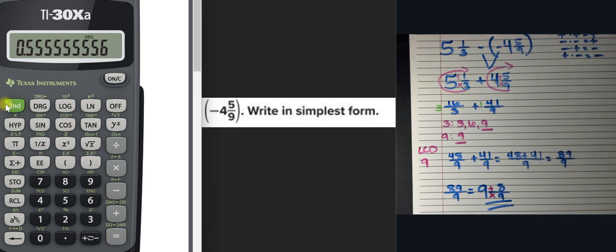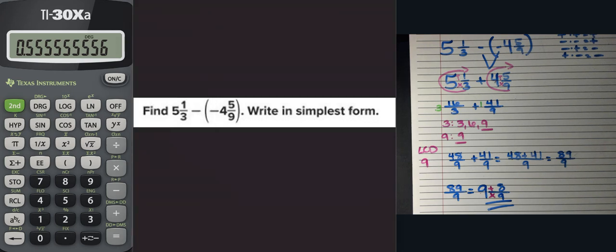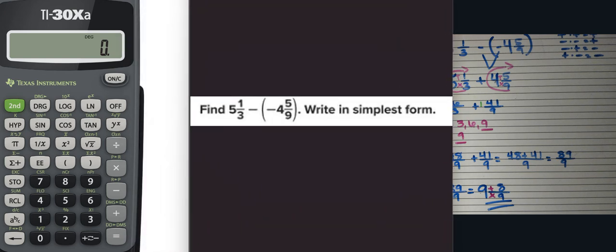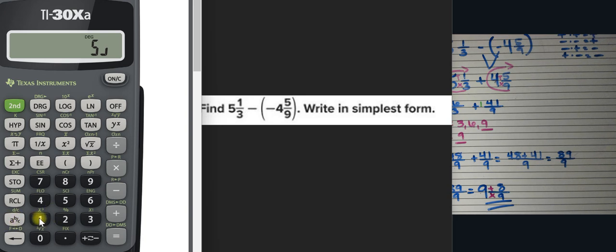Now let me show you how you would type that into your calculator. So you could plug in, remember your ABC keys. I'm going to slide this over just a little bit. All right, so you can plug in 5, ABC 1, ABC 3. So we have 5 and 1/3. Then we're going to subtract out.